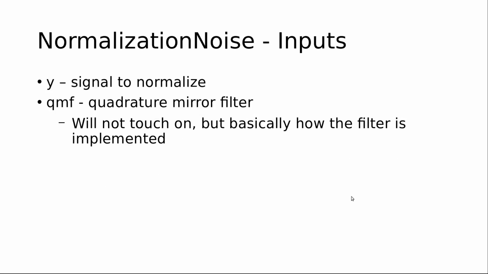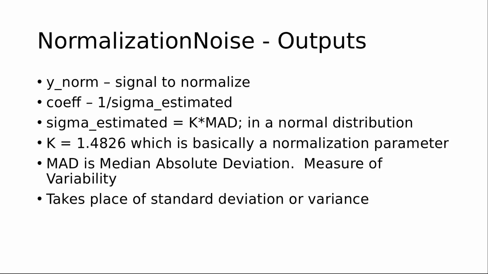It also uses something called a quadrature mirror filter. Again, I won't touch on this. I don't think it's too necessary that you understand this, but it's basically how the filter will be implemented. The process of the normalization gives you the normalized data out. It gives you a coefficient, which is, again, like a scale factor.